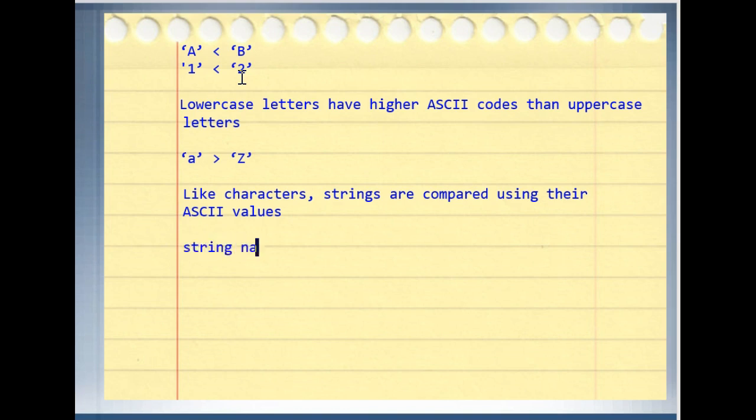So let's take a look at this example code where we declare a string variable called name1 with the value Mary, and the string variable name2 with the value Mark. Both names start out with M-A-R, but the last letter is different, the Y versus the K.